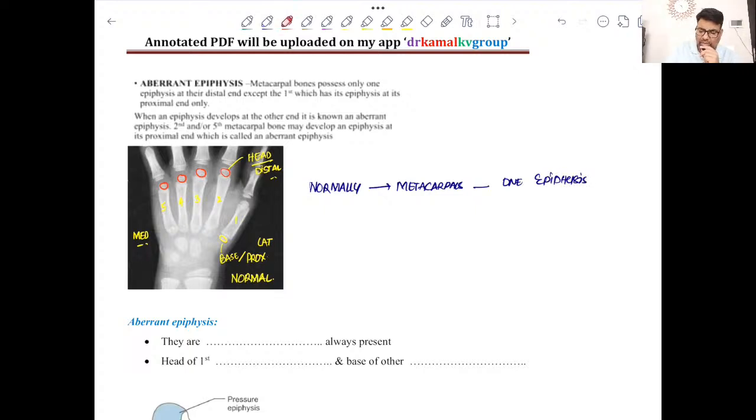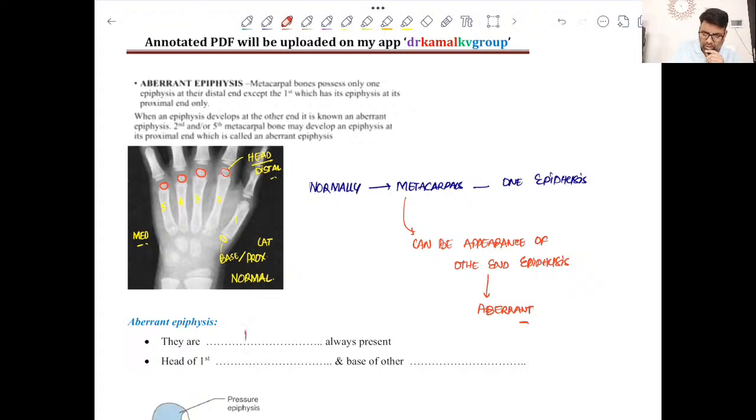But at times there can be appearance of other end epiphysis. Then this one is known as aberrant. So this is known as aberrant. Clear? Normally it is not present.